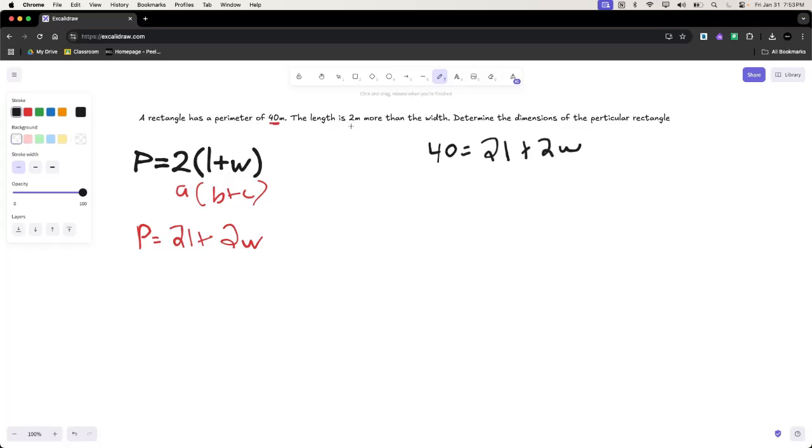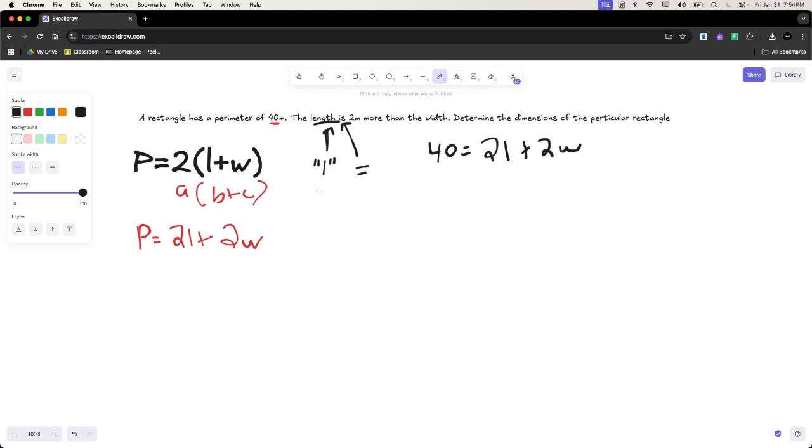the length is 2 meters more than the width. So what this is saying is that the length, aka the L of the equation, which is over here, can be translated into math language as equals 2 meters more than the width.